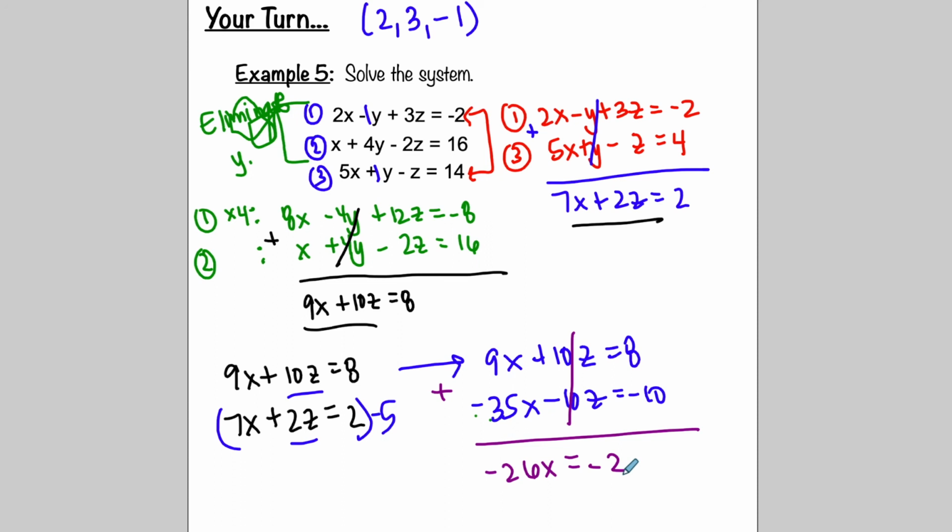I see my mistake. I miswrote equation 3. Hopefully you caught that. So that should be a 14, and then this should be 12. If I follow this through, that should make this a 12.